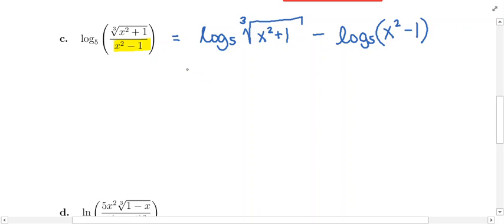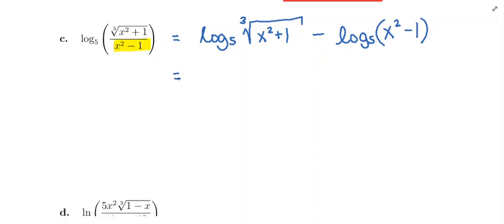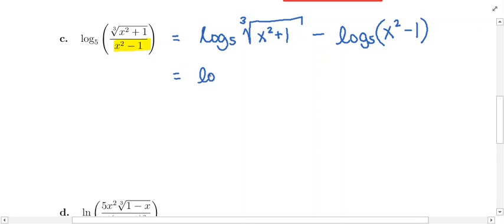Okay, all right, now anytime you have a cubed root in this case, or a square root, or a fourth root, or a fifth root, you're going to have to eliminate the roots. Okay, so watch this. In the next step, this is going to be log base 5 of, we've talked about this in a prior section, if you have a cubed root, it is the same thing as raising that quantity to the 1/3 power.